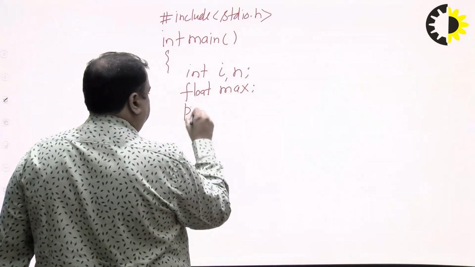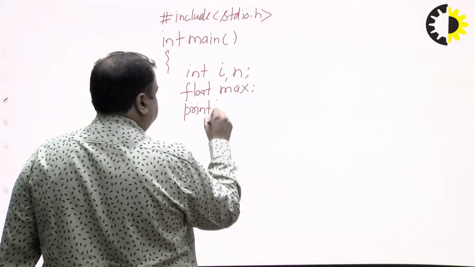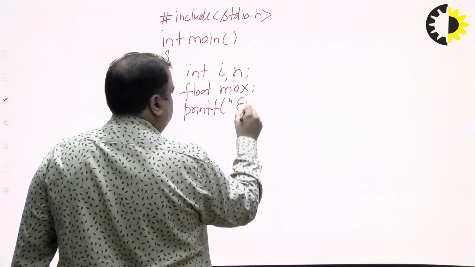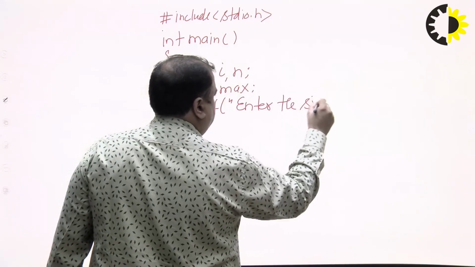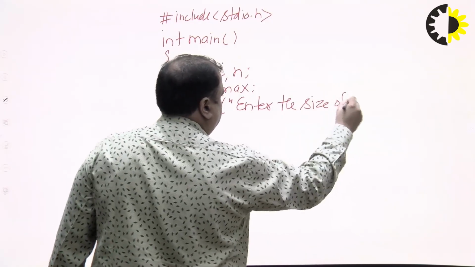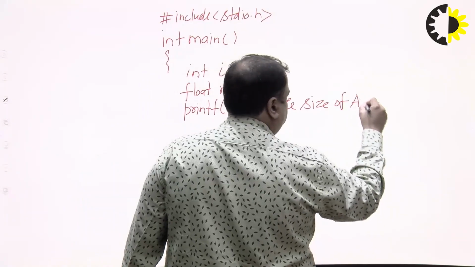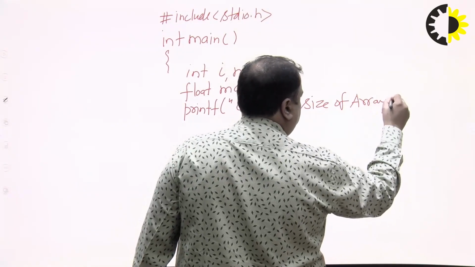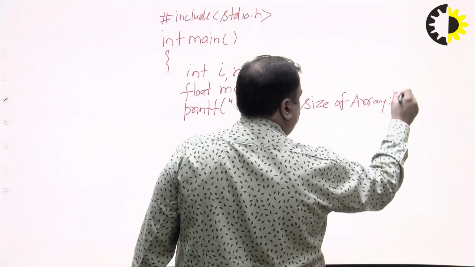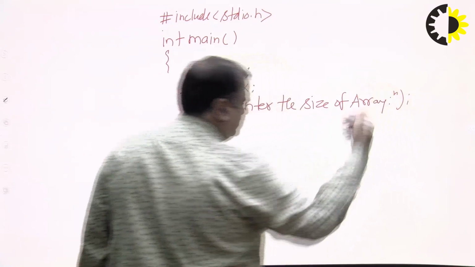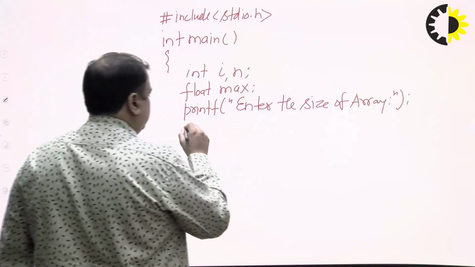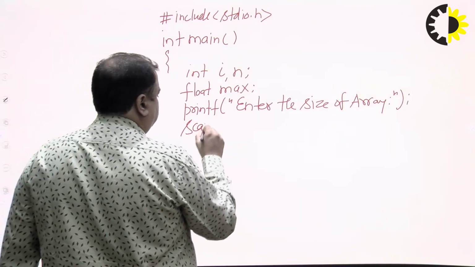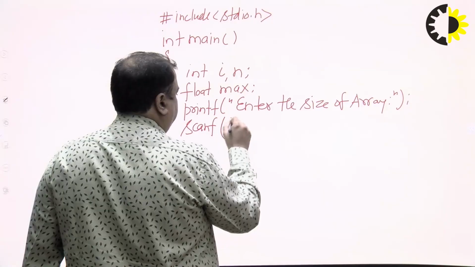Let's read the size. printf, "enter the size of array". I have used these colons, they will look better on the screen, and we can use scanf for reading this value.